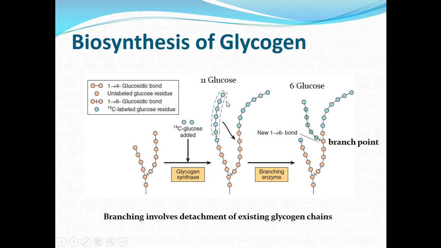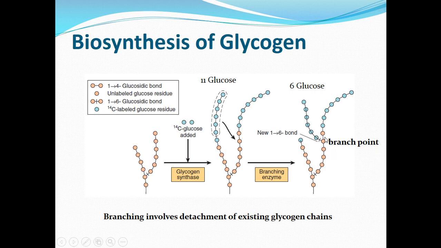The branching enzyme transfers a part of the alpha 1,4 chain, at least 6 glucose residues, to a neighboring chain to form an alpha 1,6 glucosidic linkage, and in this way they establish a branch point.